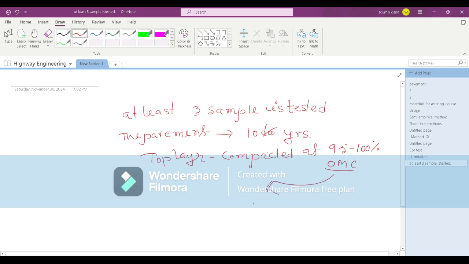There are specific tests to be carried out for determining the OMC: the standard Proctor test, the modified Proctor test, and there are also some IS recommended tests given in our textbook.